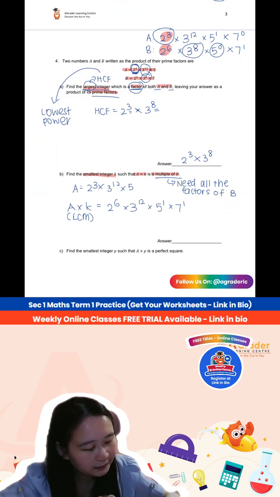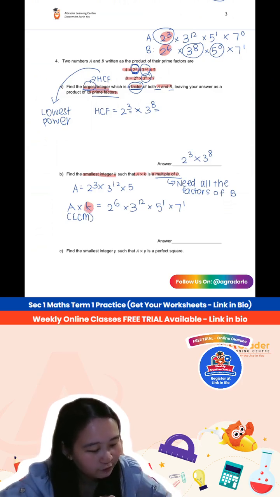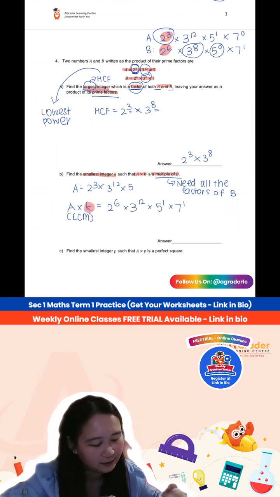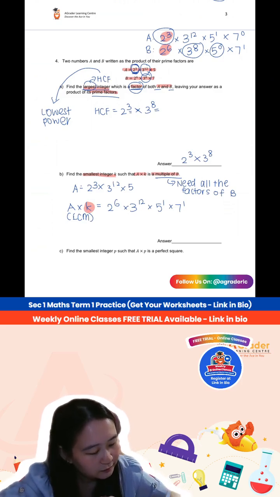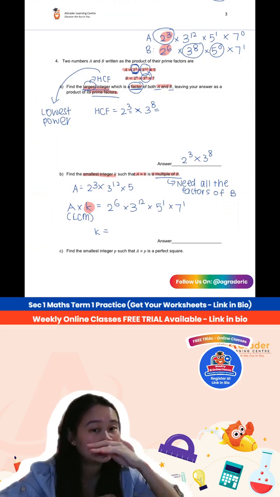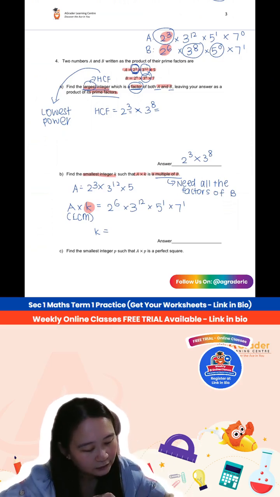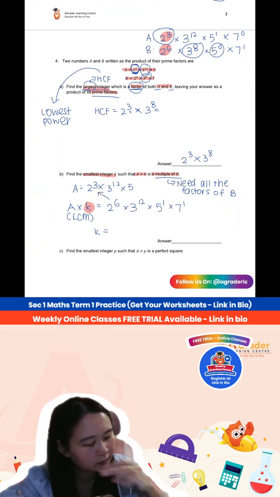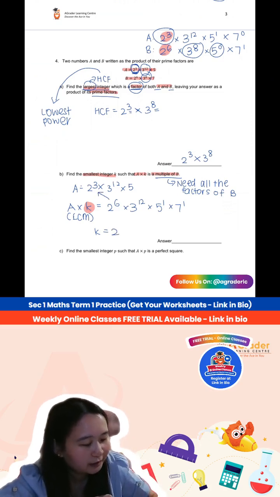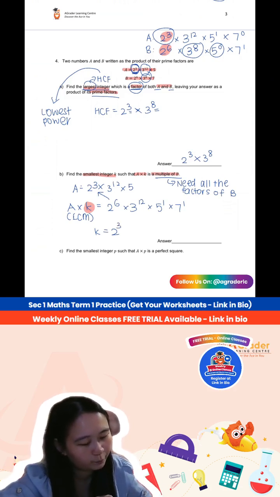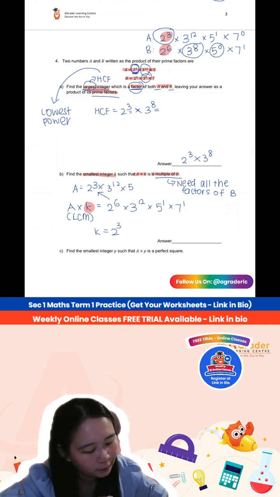Then the tricky part is here. They're asking for the value of k. The factors here comprise the factors of A. So we have to subtract the power. So for base 2, 6 minus 3, the power is 3. 3 to the power of 12 comes from A already, so we don't need it.